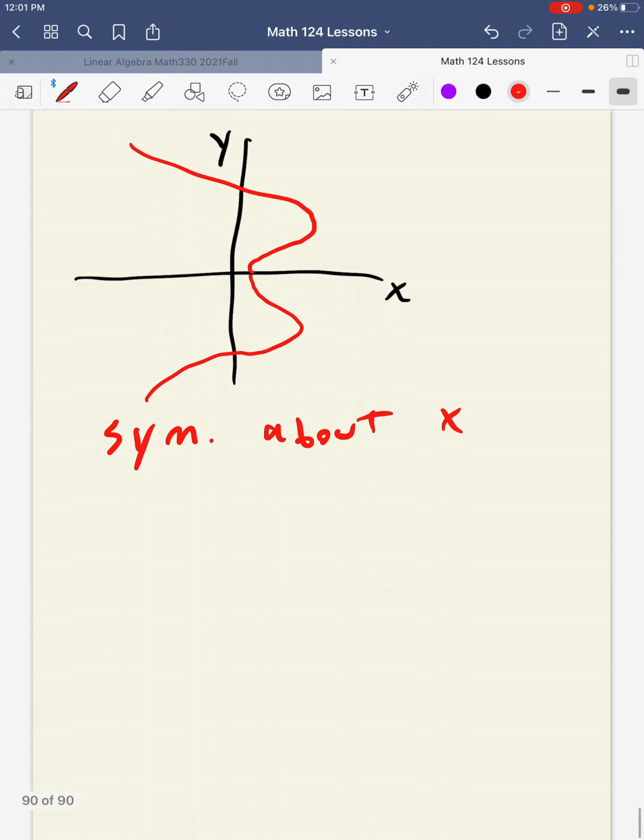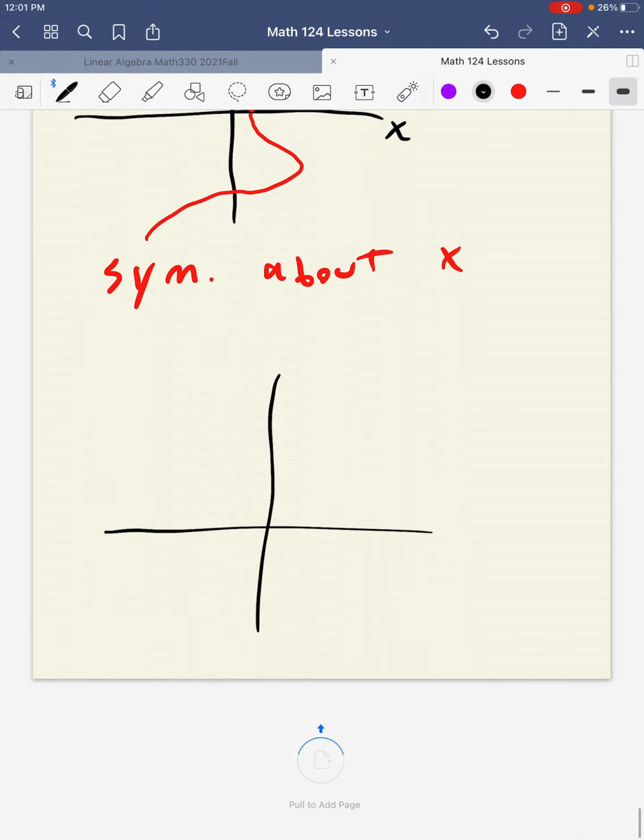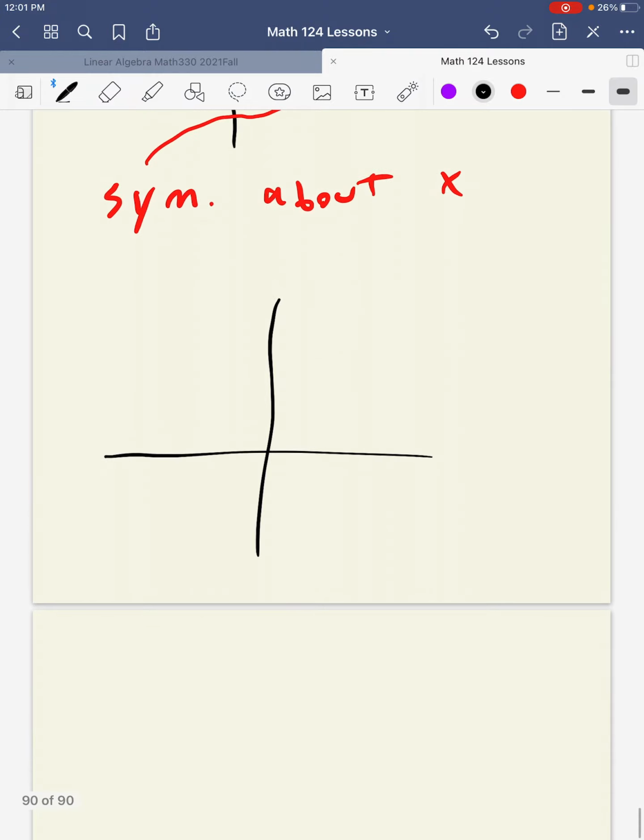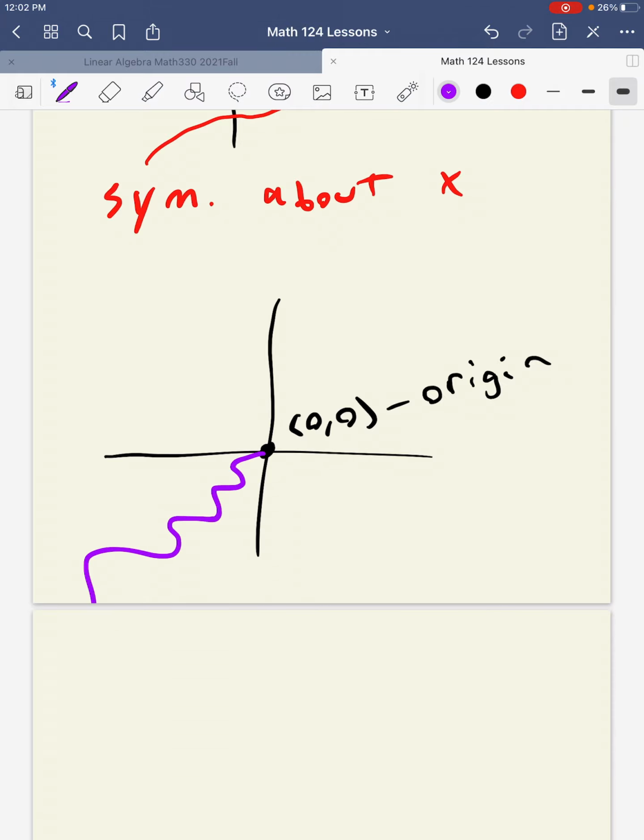There is one more type of symmetry I want to discuss. And that's when we're symmetric about this one point here, the point (0, 0), which we sometimes call the origin. So if that little point acts like a mirror, then whatever happens here, the mirror image will happen here.